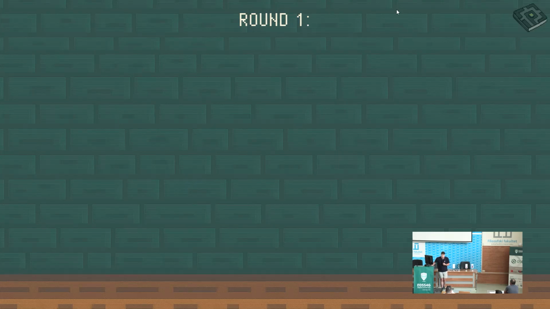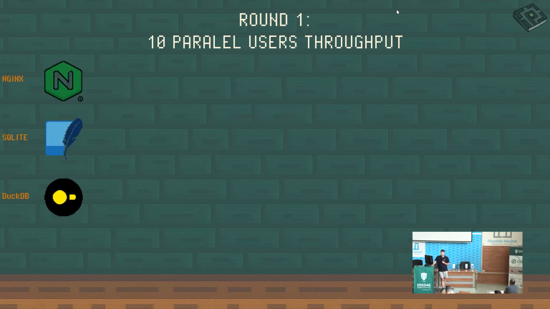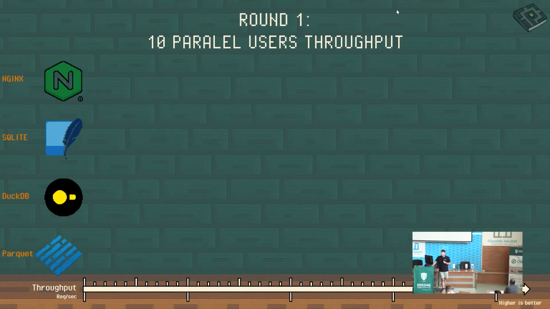Let's test our solutions. So in round one, we will simulate 10 parallel users and measure the throughput. Here are the contenders: Nginx, SQLite, DuckDB, and Parquet. Okay, here is the starting line. Hands up, who thinks Nginx will win?